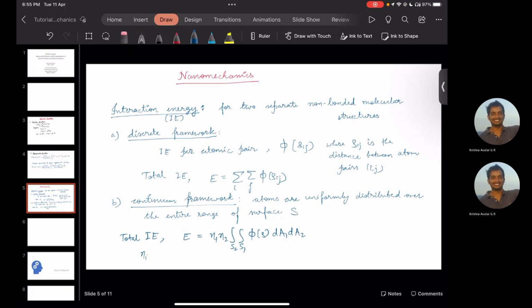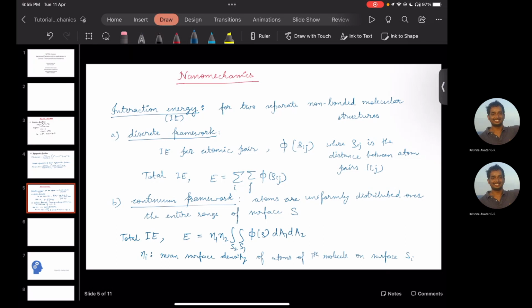Now eta i is the mean surface density of atoms of the ith molecule surface Si. So this is what we'll be using.